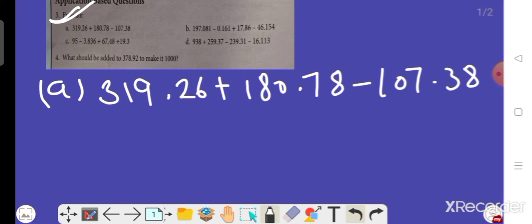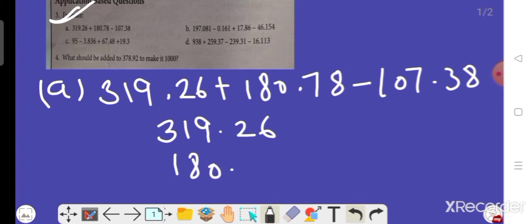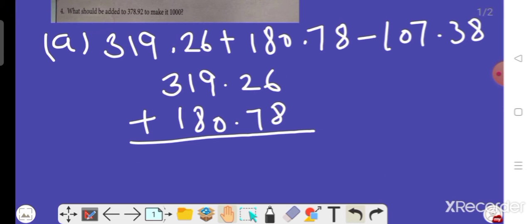To add two decimal numbers, we have to write the whole part of the second number below the whole part of the first number, and the decimal part below the decimal part of the first number. Now we have to start our addition from the right side. So 8 plus 6 will become 14 and we will take 1 as carry.